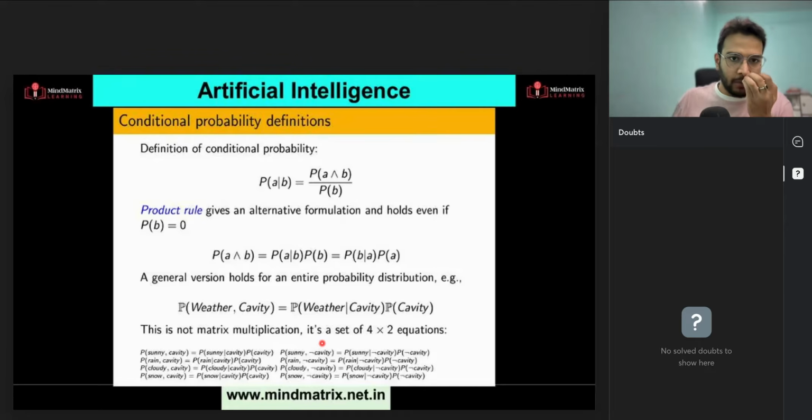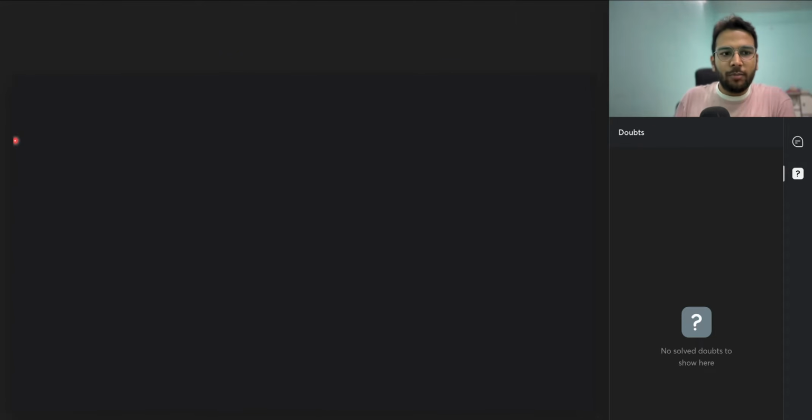Okay, let's proceed now. Conditional probability, we have already discussed. The definition is clear to us. One more thing I want to explain before proceeding.